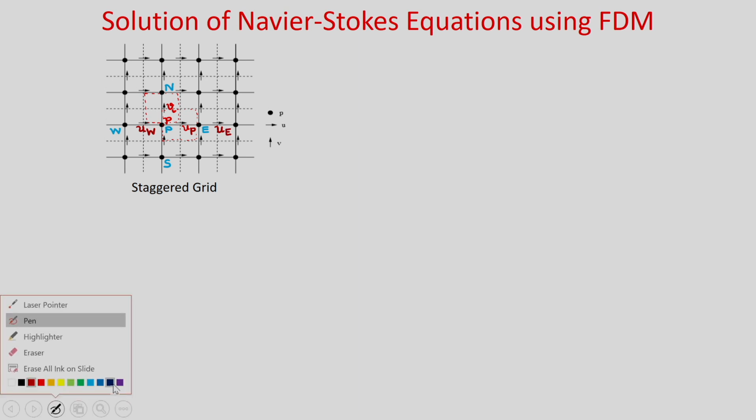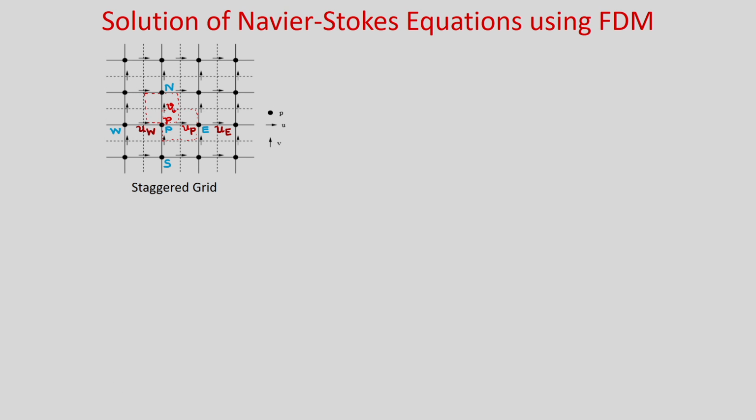And for v velocity, this is your v P, the main control volume, this is your v north and this is your v south, and for this v east and this is your v west. Okay. So, the index we are using, we have different cells for pressure, u velocity and v velocity, and in their main cell we are denoting capital P, that means indices i, j.